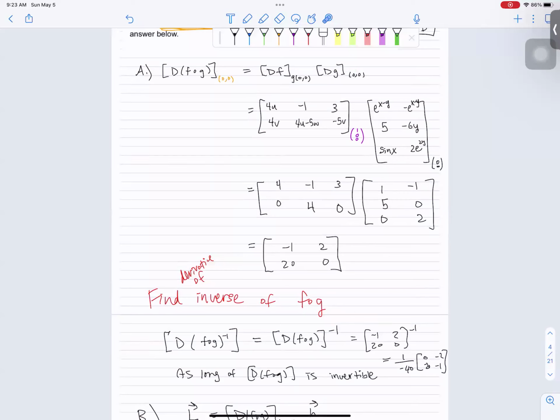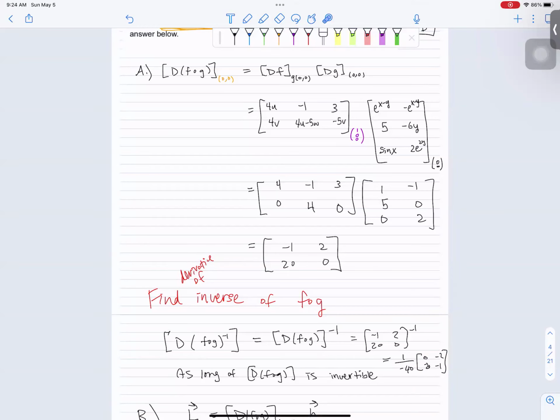You would just do this whole process. It's still the same process. You plug in 0, 0 and 1, 0, you get this matrix, and then you invert it. So when you're finding the derivative of the inverse, you don't have to worry about the input stuff. Oh, I see, because we already plugged it in previously. Yeah, we just handle the normal case and then do this extra step.